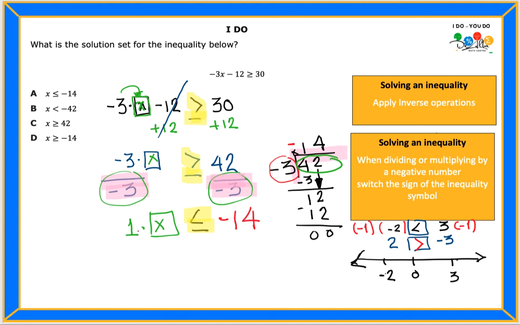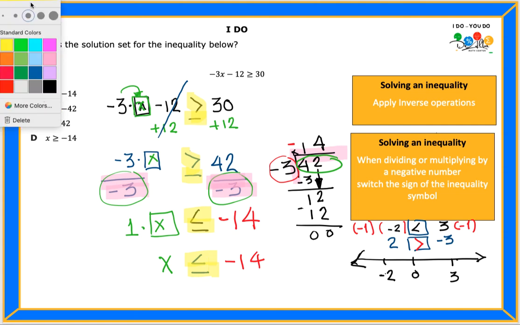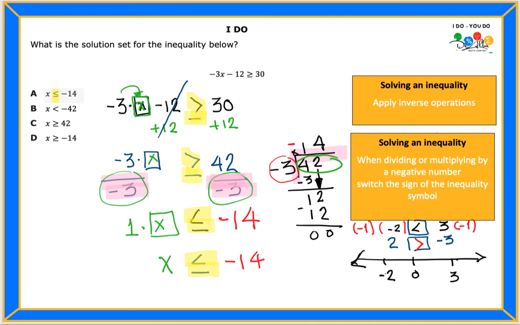Now I don't need to have this 1 in front of the x. I'm just going to bring down the x, bring down the inequality symbol, and bring down the negative 14. And that should be our solution. Let's look at the answer choices, guys. And we have the x here, less than or equal, and the negative 14. So it looks like this is our answer.